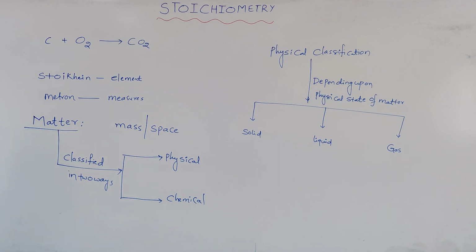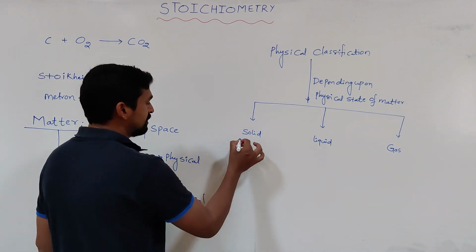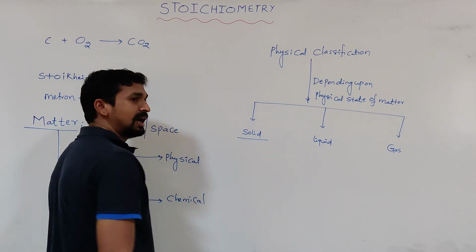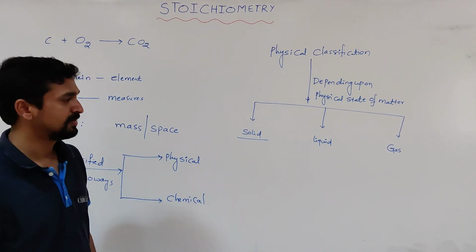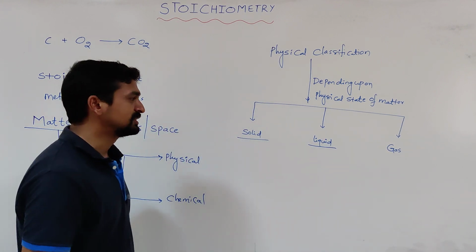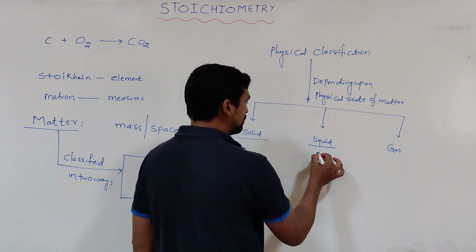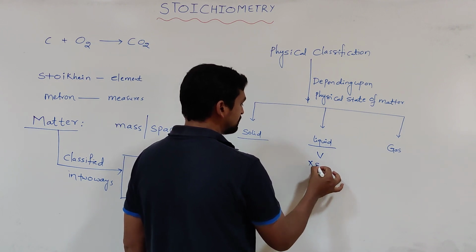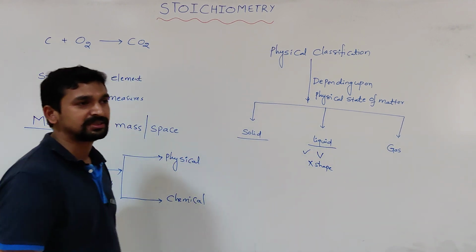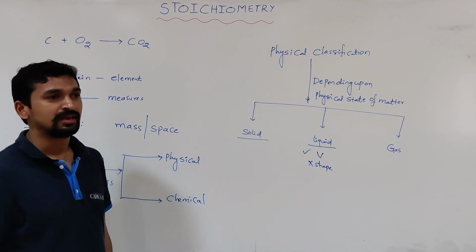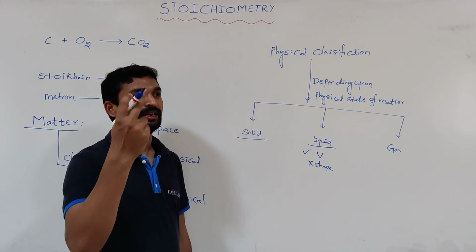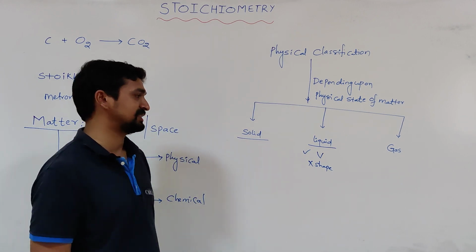You know very well what we mean by solid. The solid always possesses a definite size and definite shape, whereas the liquid possesses a definite volume but not shape. Because whenever a liquid is placed in different shapes of containers, it takes the shape of the container in which it is placed.